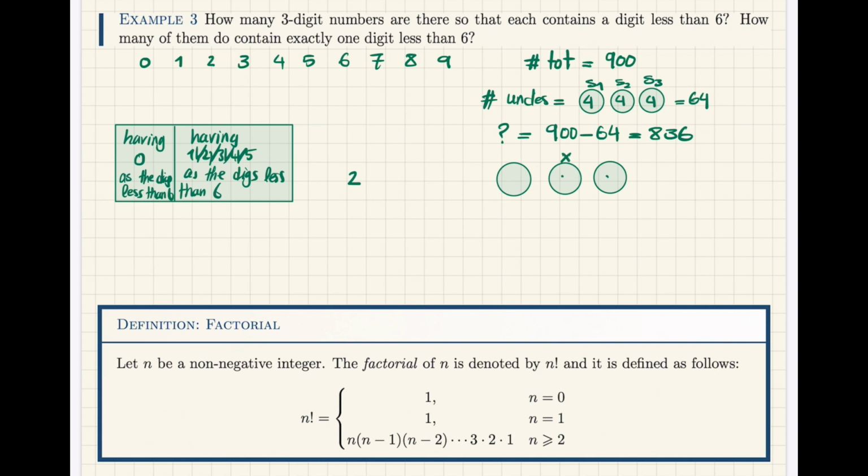But then you need to start choosing a number from these digits, because no longer are you allowed to choose any number of this, because you are supposed to have exactly 1 digit less than 6. So from these you have to choose four. There are 4 possibilities for putting something here, and also 4 possibilities to put something here. So if you multiply all these numbers, it becomes 32. So is that understandable?